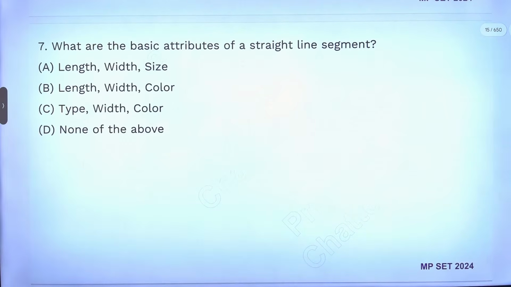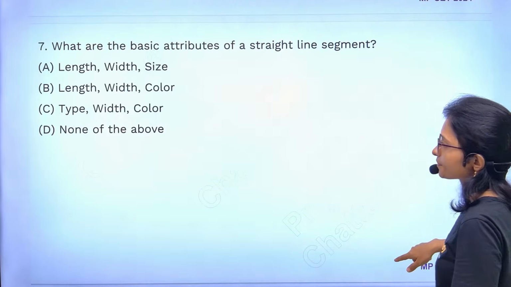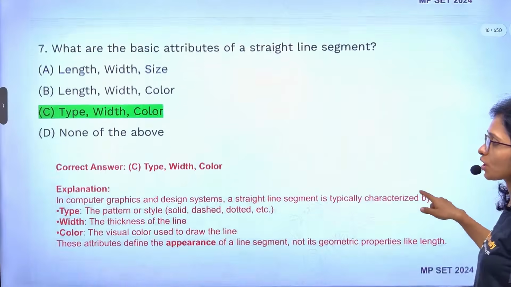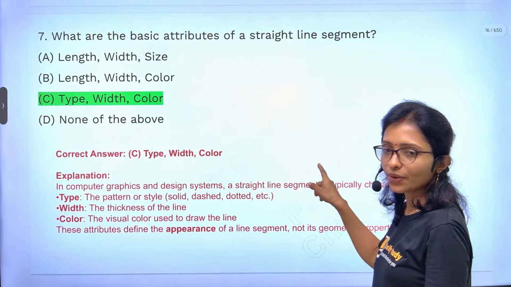What are the basic attributes of a straight line segment? The basic attributes of a straight line segment are type, width and color.